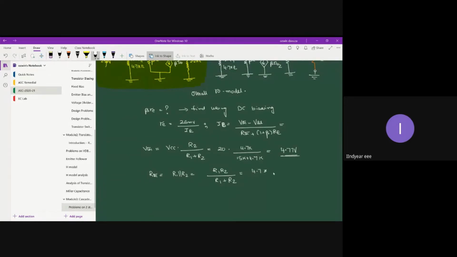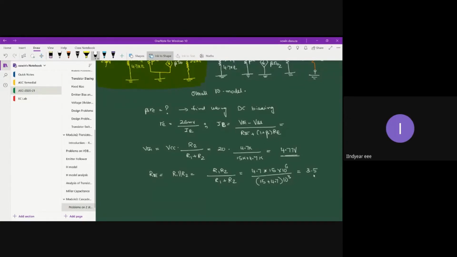That is 4.7 into 15 into 10 to the power 6, because 10 to the power 3 into 10 to the power 3 gives a mega, and in the denominator you will have 15 plus 4.7 into 10 to the power 3. You should have a value which is less than 4.7 kilo.